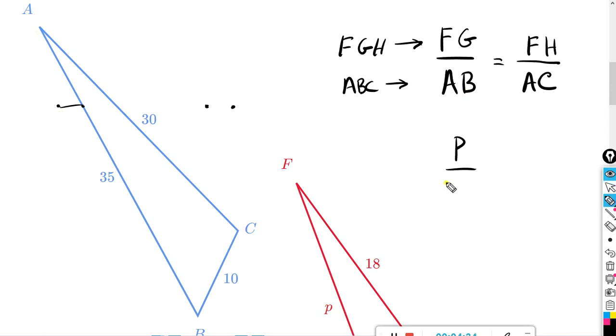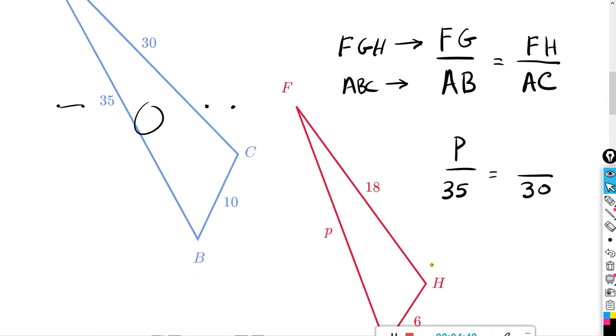So in place of AB, I write 35. Then AC is right here, that's a 30, in the denominator. And FH is right here, that's an 18.